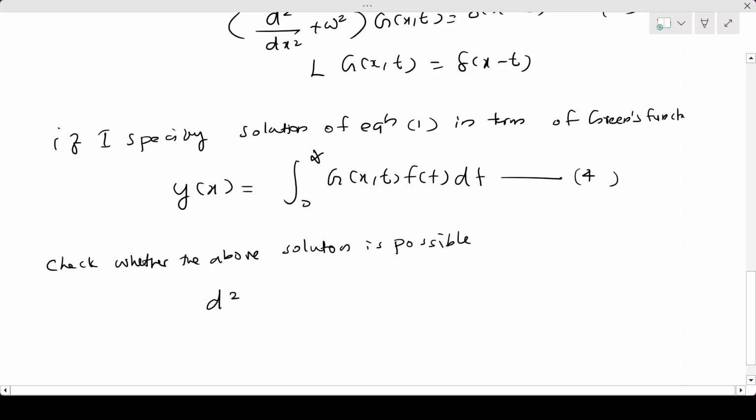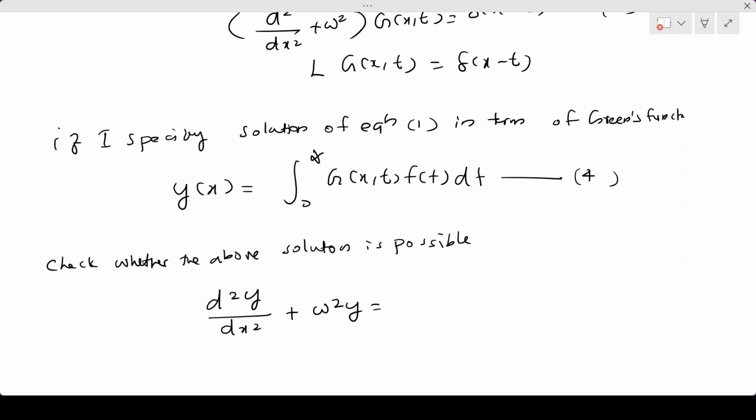If I substitute y of x as the integral 0 to infinity g of xt f of t dt, and I get f of t as the result, then I can directly say that this is a possible solution of that differential equation in terms of Green's function.